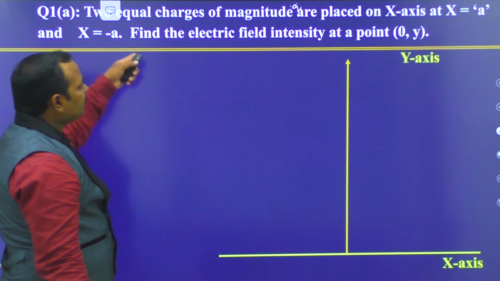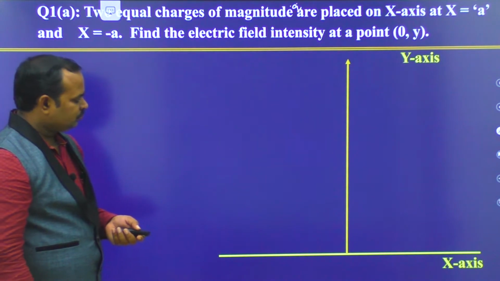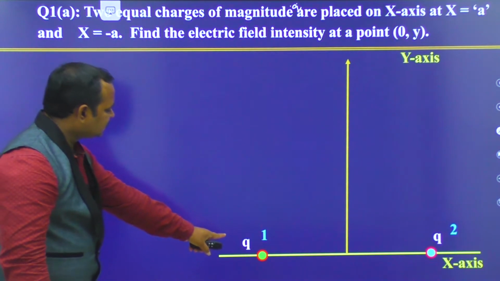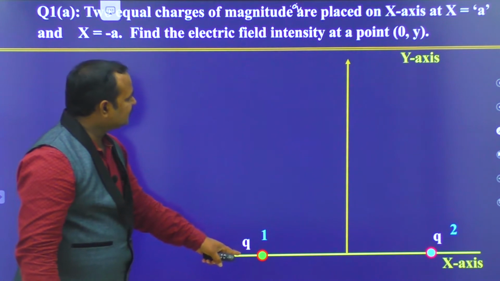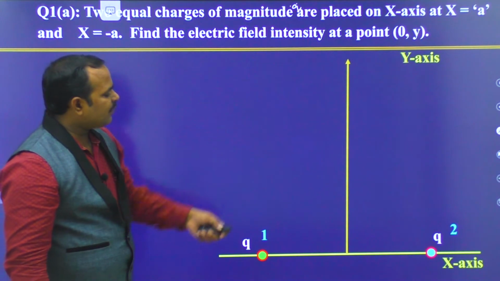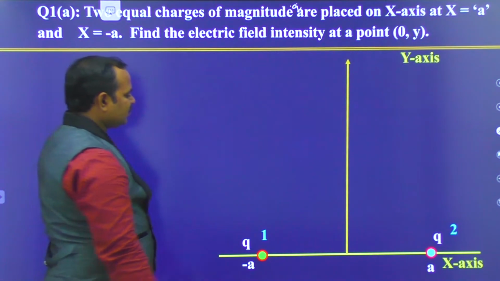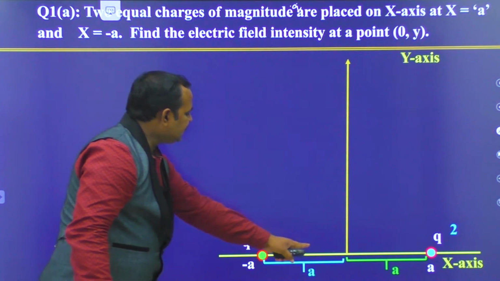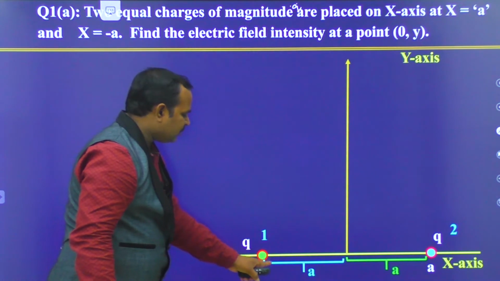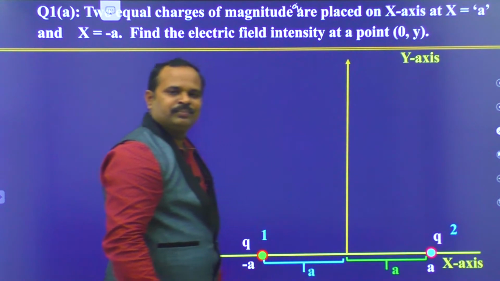Now as per the question, two equal charges q are placed. This is the first charge, this is the second charge, placed on the x-axis at x equal to a and x equal to minus a. That means the distance from the origin to charge 1 is a, and from the origin to charge 2 is a.